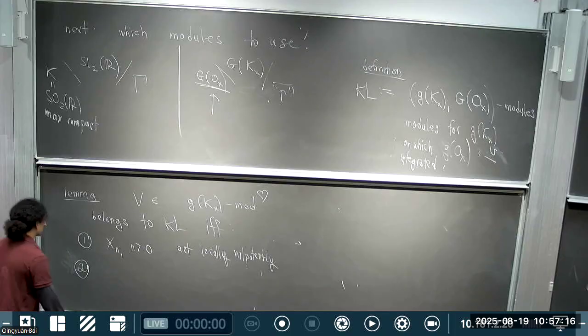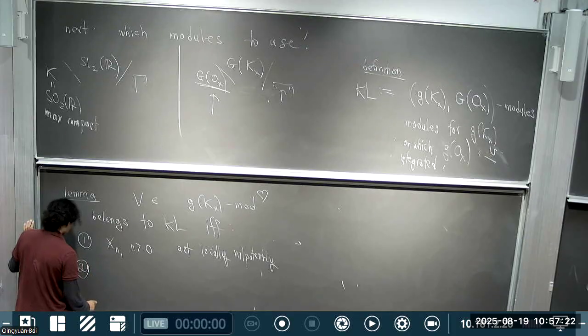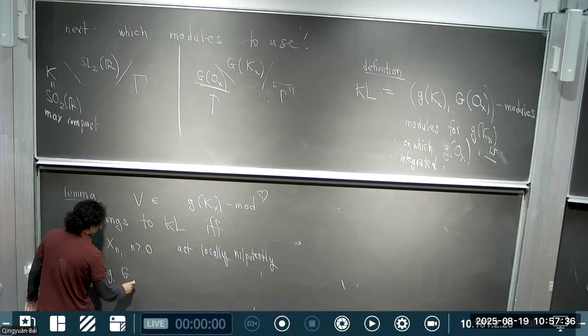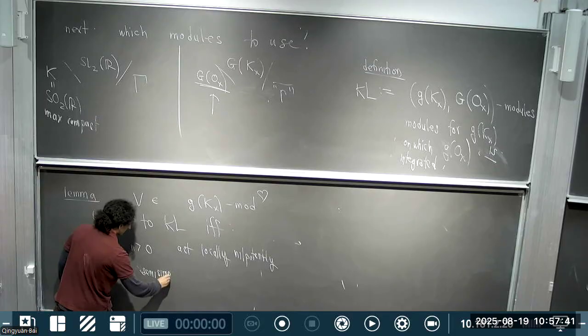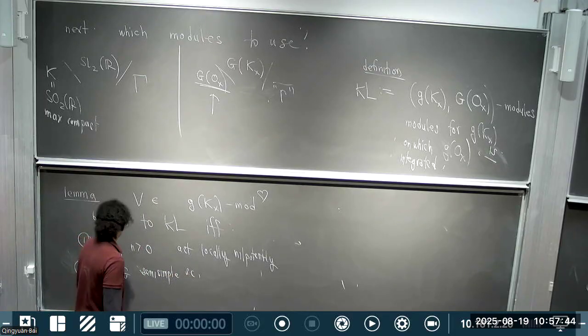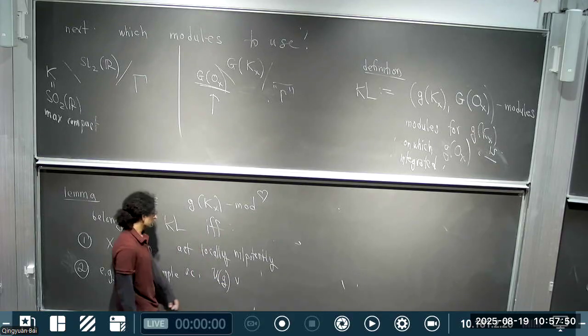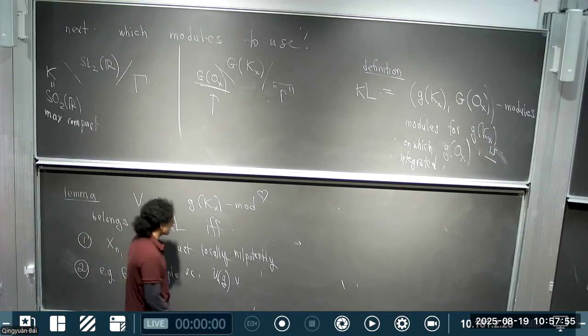What about zero modes? The condition you want is, let me first tell you, if G is semi-simple, simply connected, you just take a random vector and act on it by the zero mode of the algebra, and you want this to be finite.